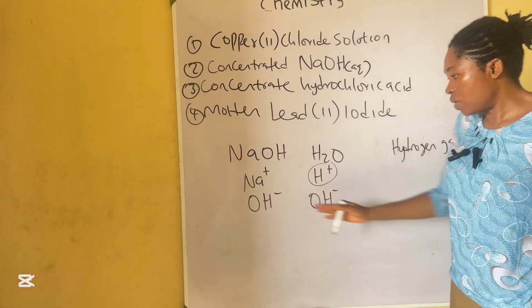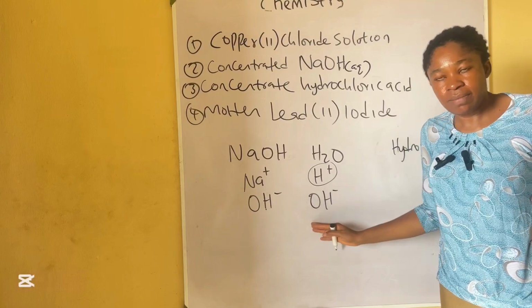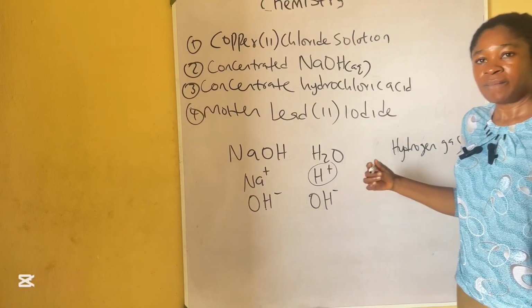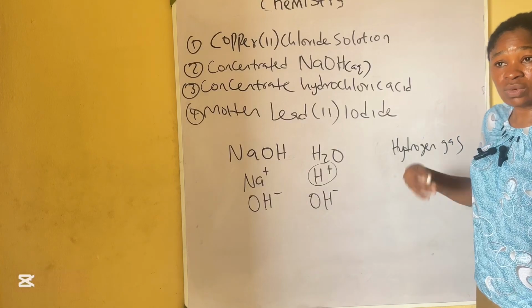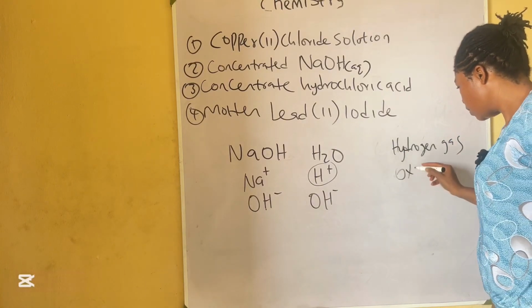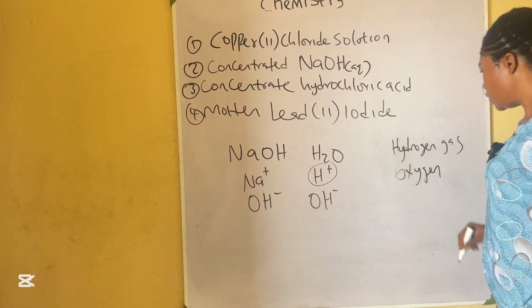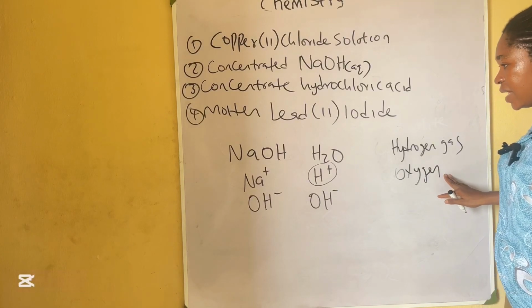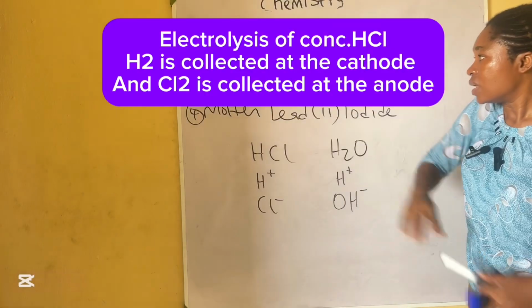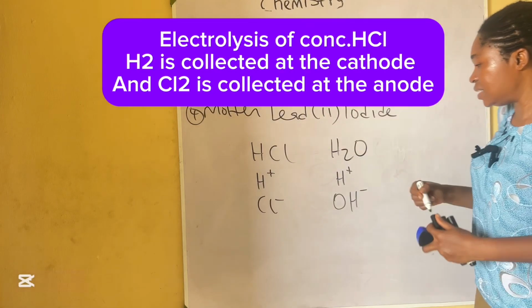At the anode, of course, the ions are the same. Anytime hydroxide ion is being discharged, it is discharged as oxygen. So you get oxygen at the anode. Concentrated hydrochloric acid.